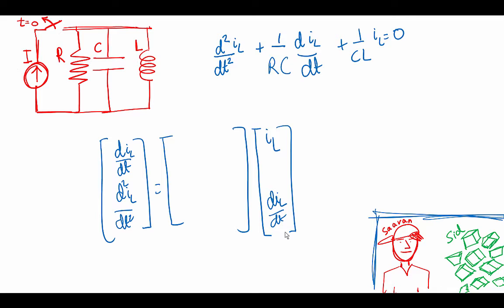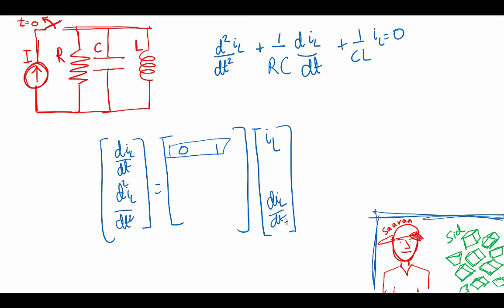Sure. If we write this out, you're just multiplying this first row by IL and dIL/dt, and we're trying to find what gets us this back. If we note, dIL/dt is just this, which is dIL/dt equal to dIL/dt.